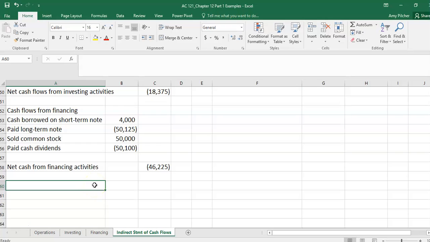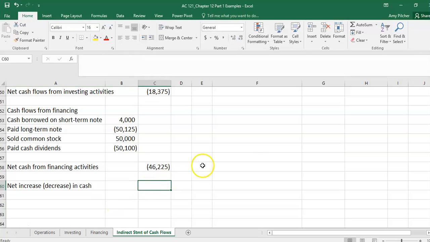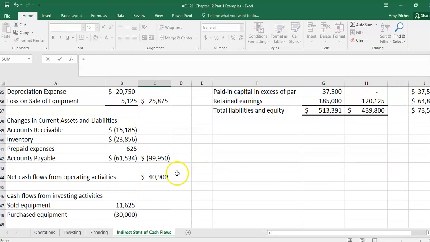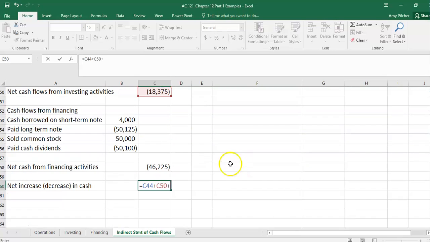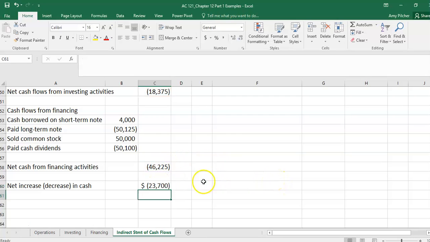We then have our net increase or decrease in cash for the year. So we add together our cash flows from operating activities plus our cash flows from investing activities plus our cash flows from financing activities.